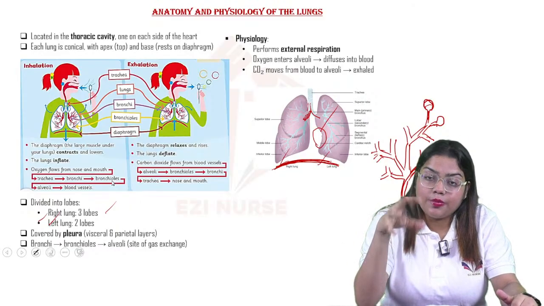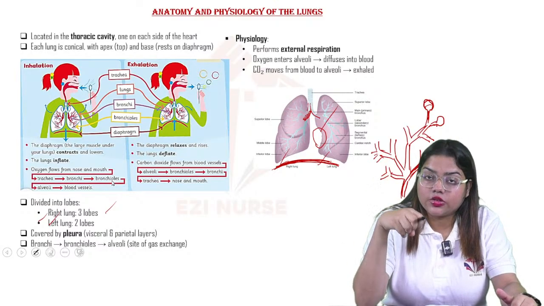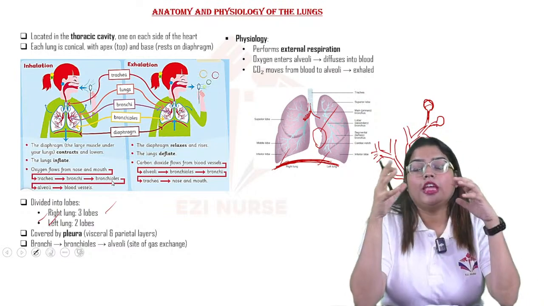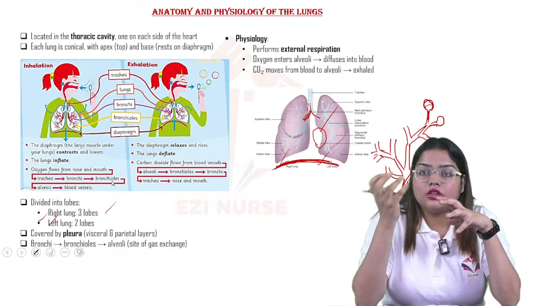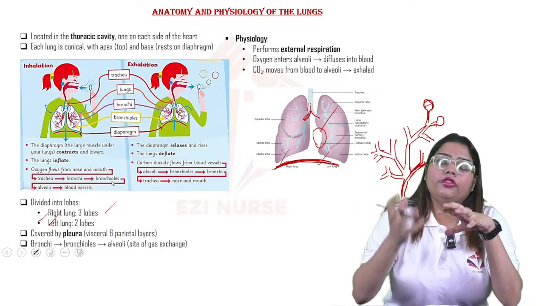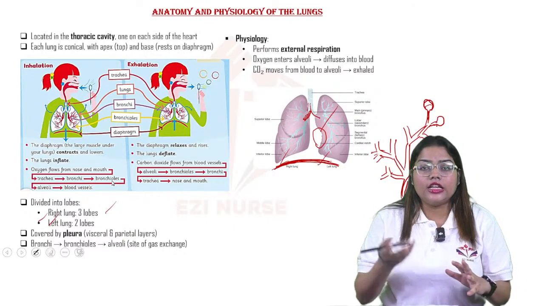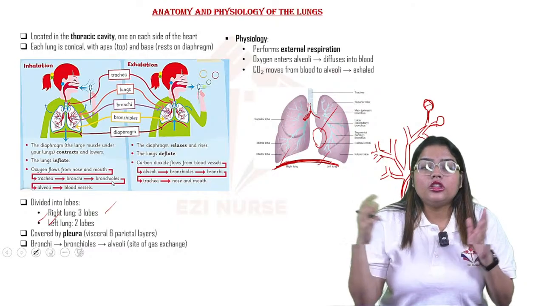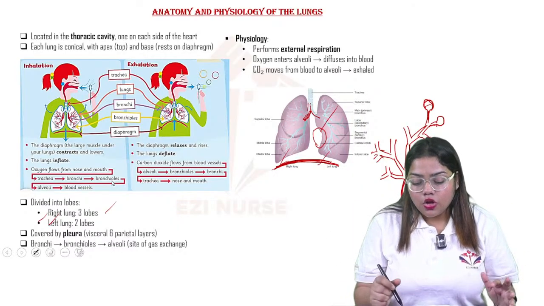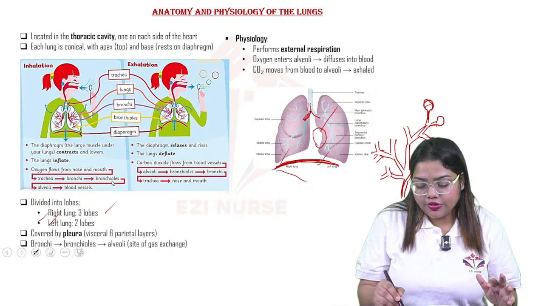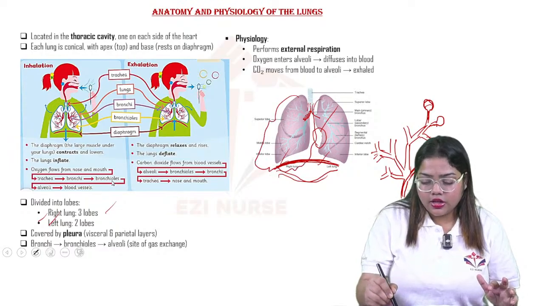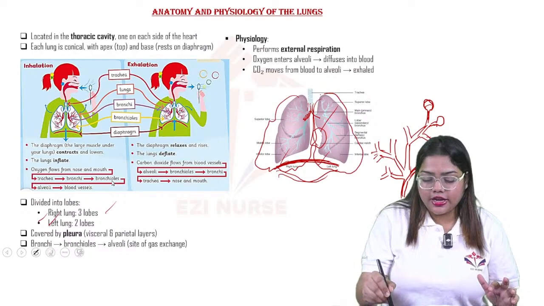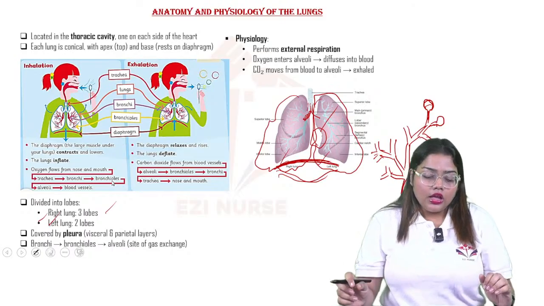The diaphragm muscle contracts when inhalation happens. Why? Because during inhalation we take air inside our lungs, so the space should expand. If the diaphragm descends or contracts, then the lungs can expand as much as possible.